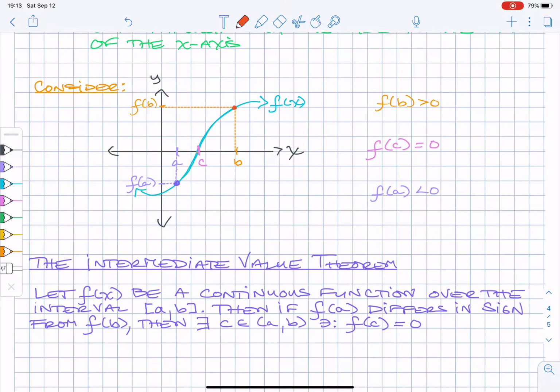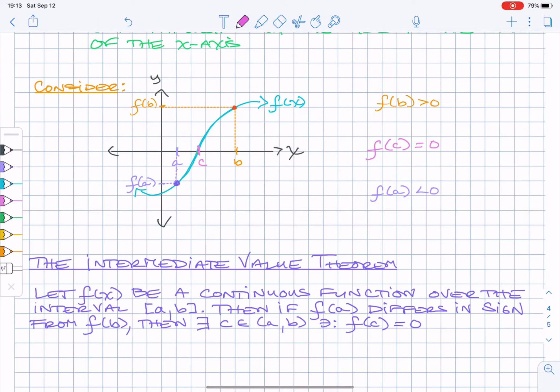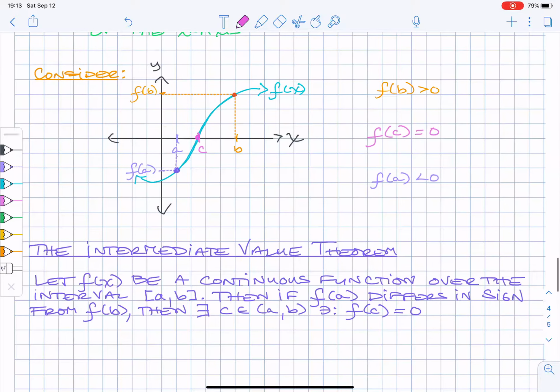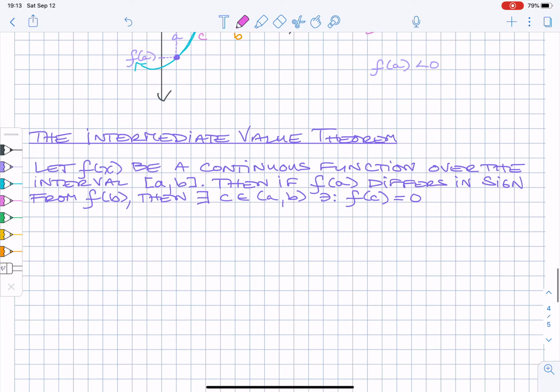So I know that there's got to be some value c, this value here, between a and b, not at a and not at b, hence the open parentheses, because I know f at a is negative and f at b is positive, so I don't need to include a and b in the interval. So C is an element of the interval between A and B. And if it's continuous, I know that there's got to be a C for which the function is 0.